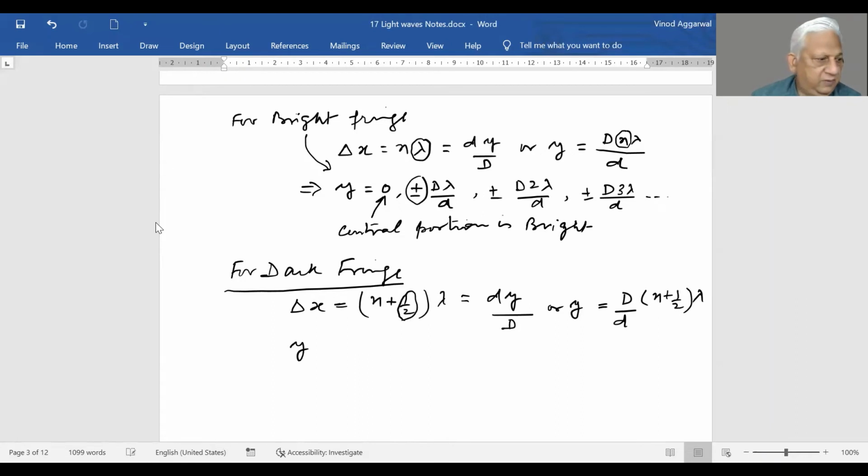And we can see y is equal to plus minus 3 by 2, or 5 by 2, d lambda by small d, and so on and so forth.